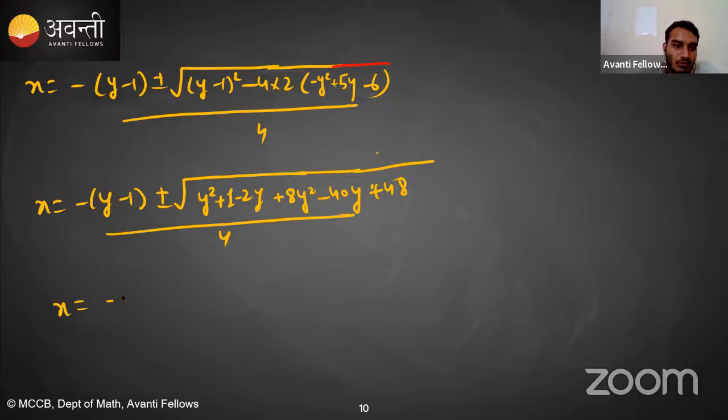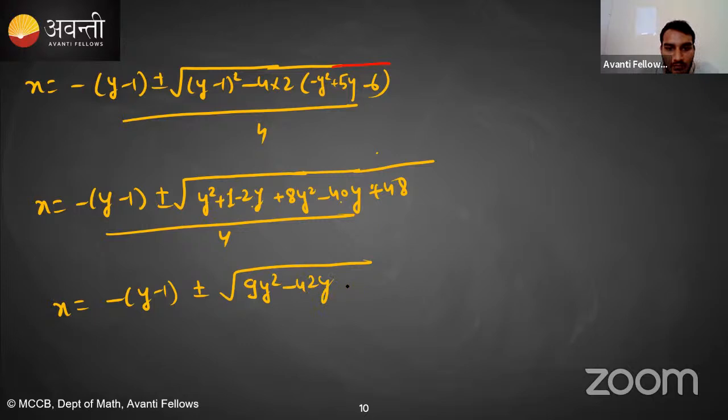So x is equal to minus (y minus 1) plus minus under root of 9y square minus 42y plus 49, divided by 4.